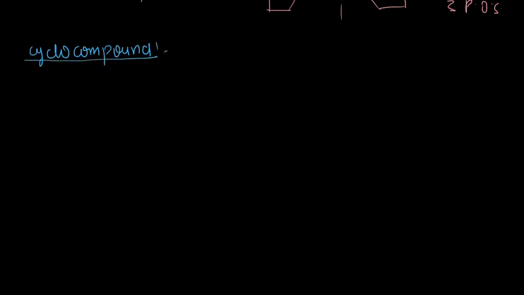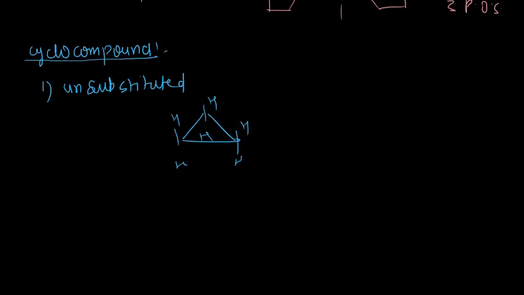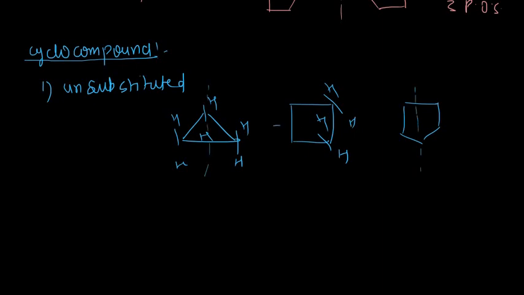In cyclo compounds, we have first unsubstituted. This is an unsubstituted cyclic compound. This is unsubstituted, so all these have planes of symmetry here.